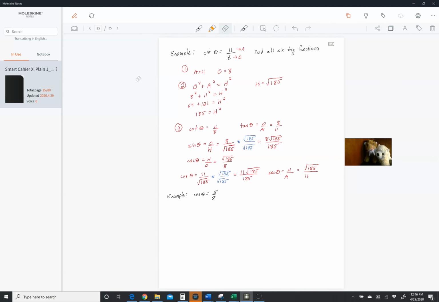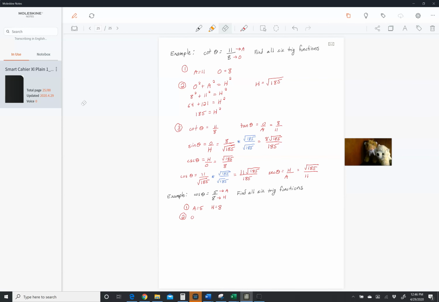Okay, and again, you're going to find all 6 trig functions. So our first step is to identify the two sides that were given. So cosine is adjacent over hypotenuse. So our A is 5, and our H is 8.